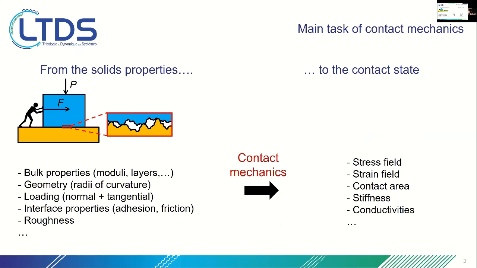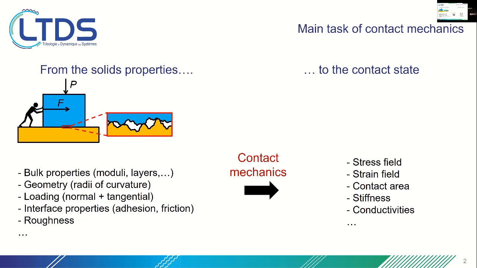The usual task of contact mechanics is to predict the contact state of two solids in contact. The contact state can be contact area, but also the different stresses and stray fields, thickness, conductivity, etc. And all this as functions of the properties of the solids that we put together.